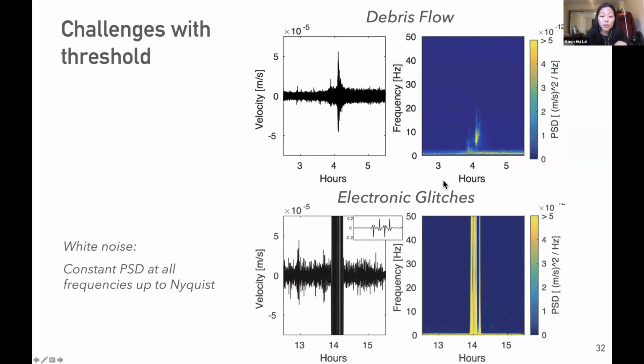And at the bottom is an example of electronic glitches at the station, which can happen due to a power outage, network connectivity issue, or just sensor malfunction. Lucky for us, these glitches have a particular character, where the signal is white noise with almost constant power at all frequencies up to the Nyquist frequency of the instrument.